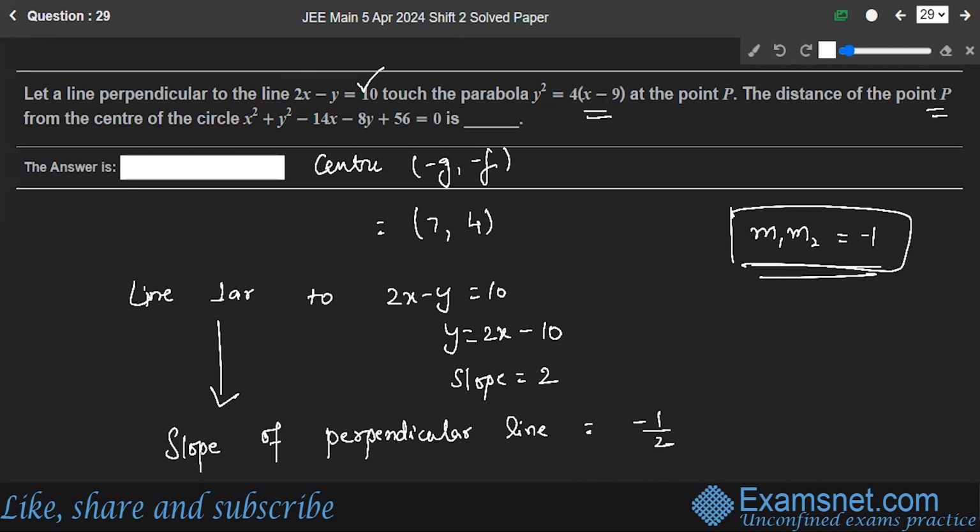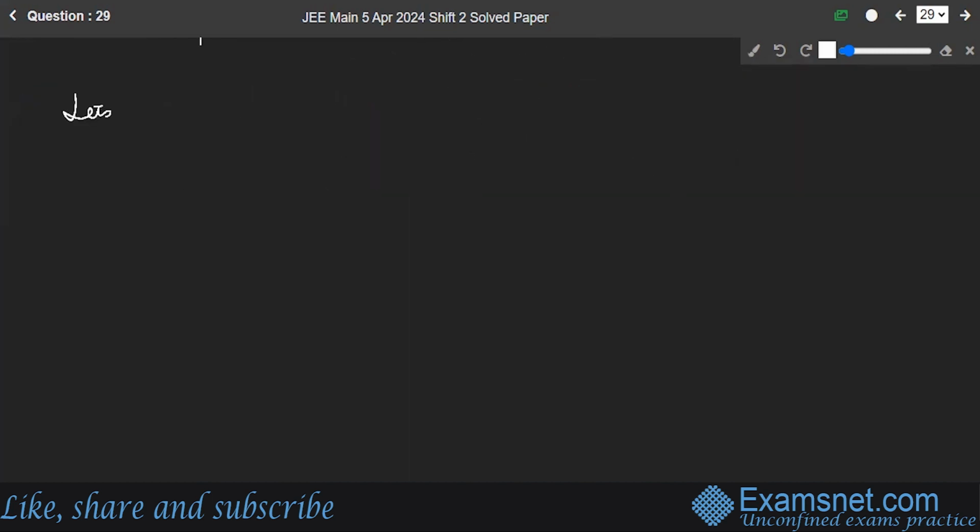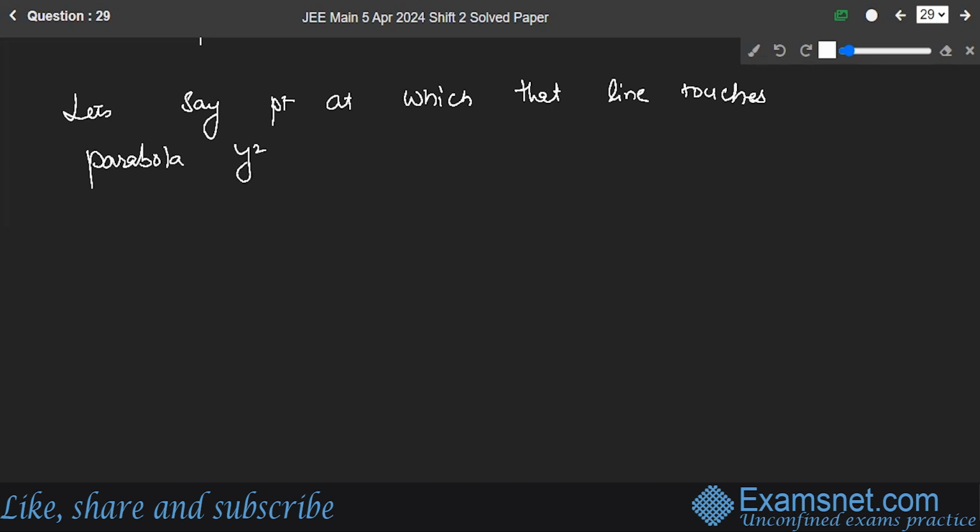Now it is given that it touches this parabola. So that means the line is tangent to this parabola. Let's say the point at which that line touches the parabola y square is equal to 4x minus 9 be small m.